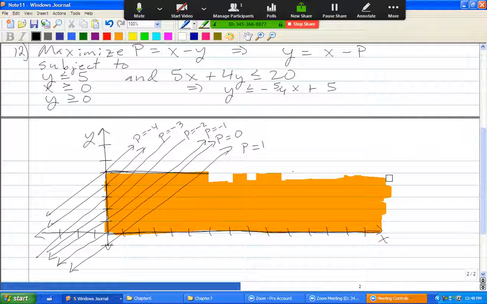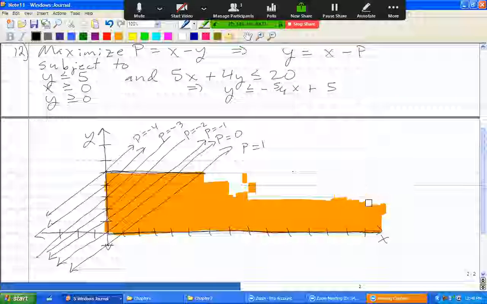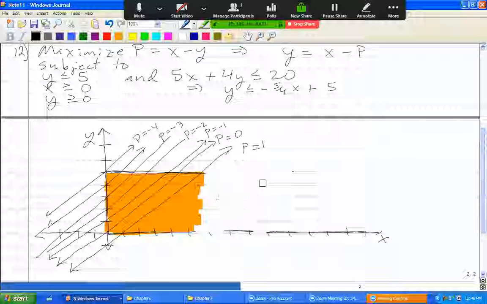So that makes this region a little bit different, because it doesn't go all the way out to infinity because of this constraint.